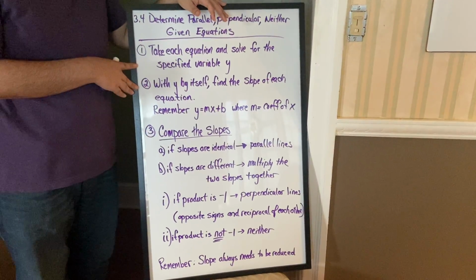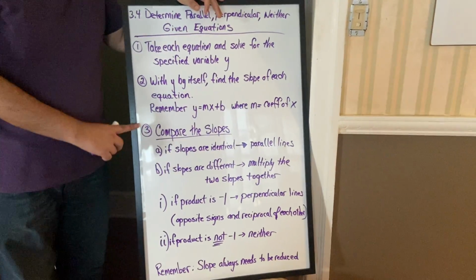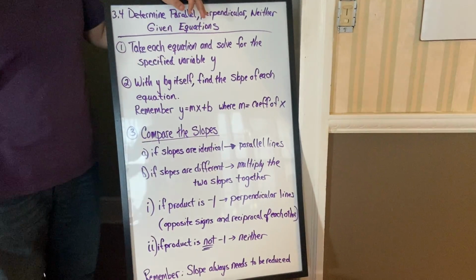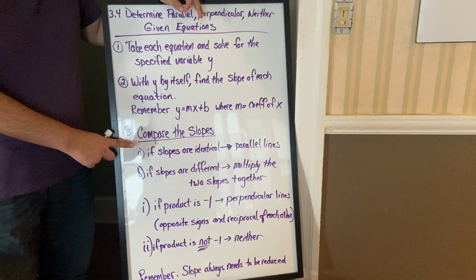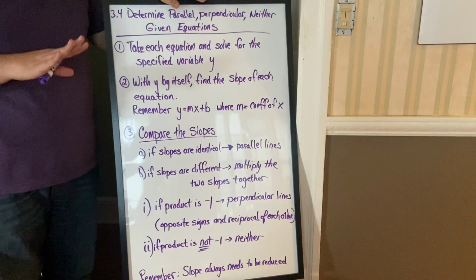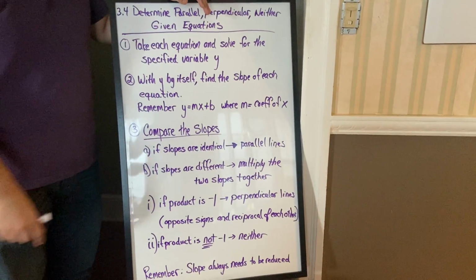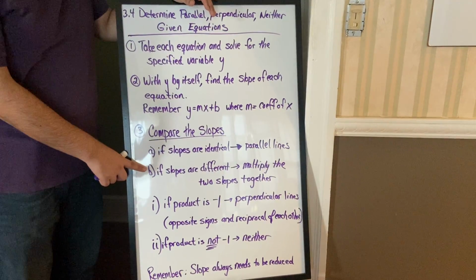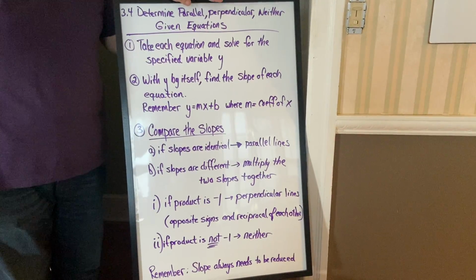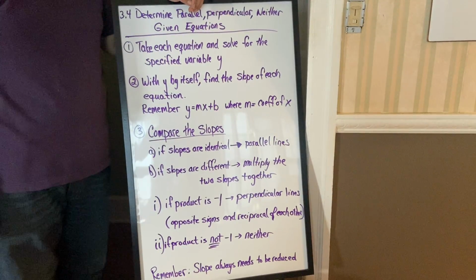Now, once you do that for both equations, we have to compare the slopes, just like we've been doing with the other parallel, perpendicular, and neither problems. If the slopes are identical, same sign, same number, you stop and you say you have parallel lines, you're done. If the two are not identical, they're different, then we told you we're going to multiply the slopes together.